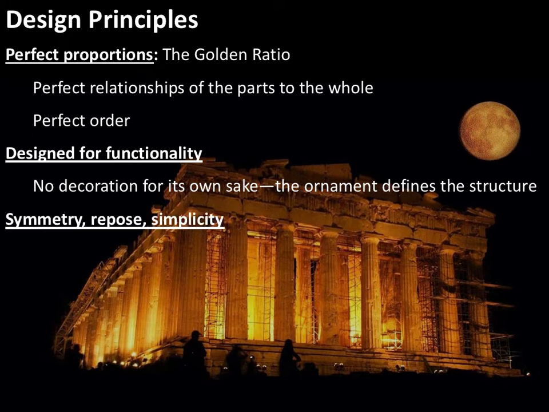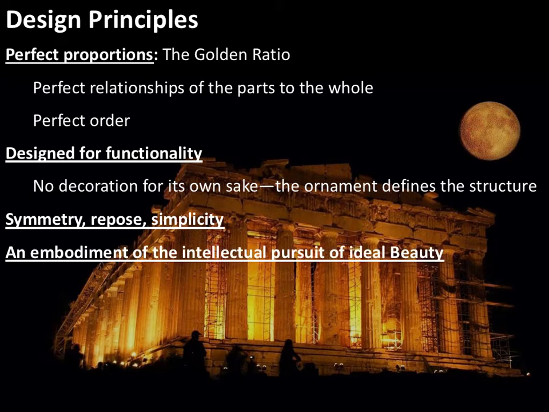And architecture also has everything to do with symmetry and simplicity and this sense of repose, the sense of it being very calm. And all of this comes down to this idea of beauty, that we're trying to get more and more beautiful, and perfection and beauty are absolutely linked together.